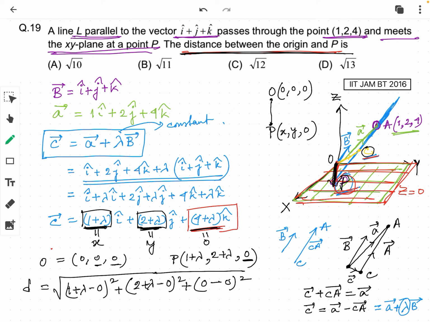If we simplify it, it becomes root over (1 plus lambda) square plus (2 plus lambda) square.